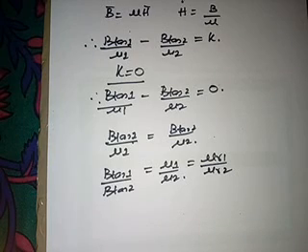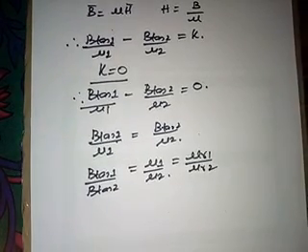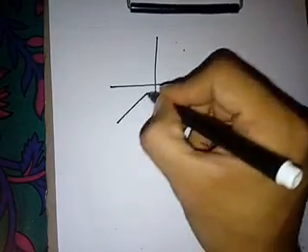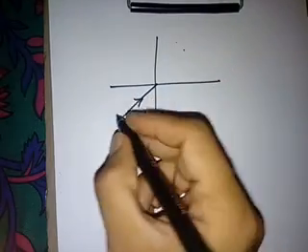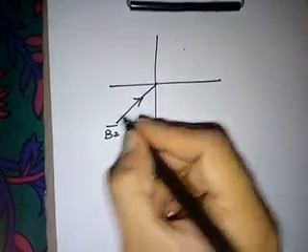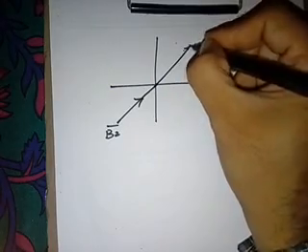Here we are considering the magnetic field which is passing from one medium to another. So this is B2 bar and this is B1 bar.